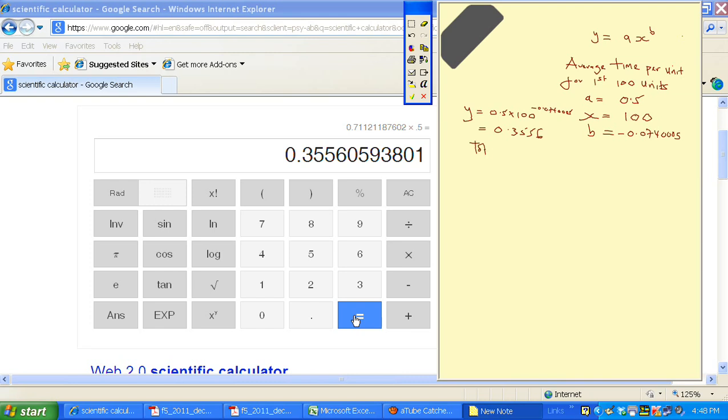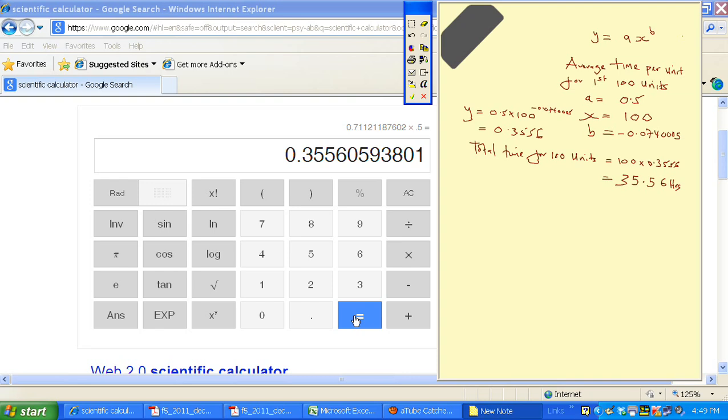So total time will equal 100 times 0.3556, which will give me 35.56 hours. So for the first 100 units we have 35.56.